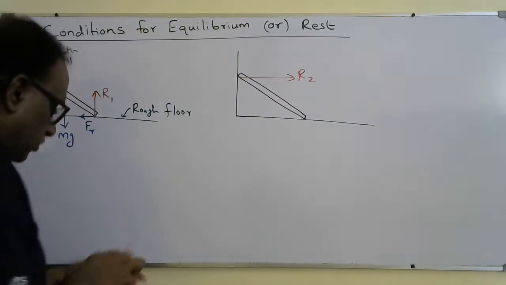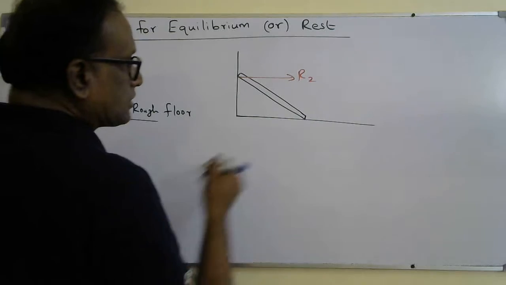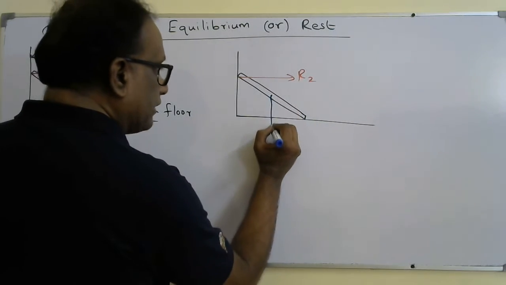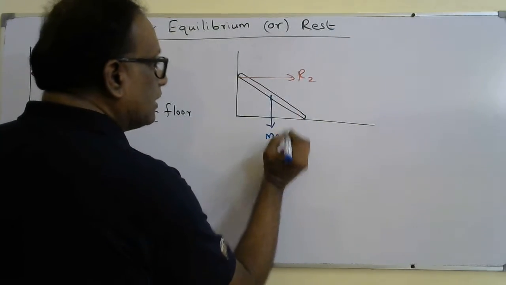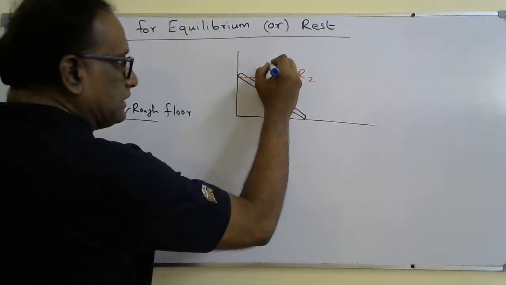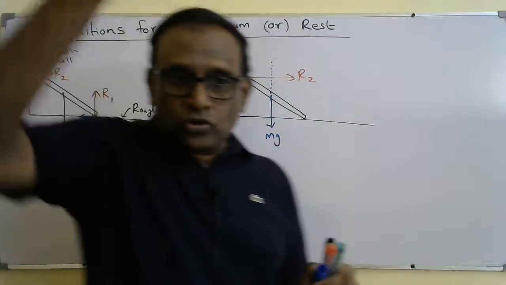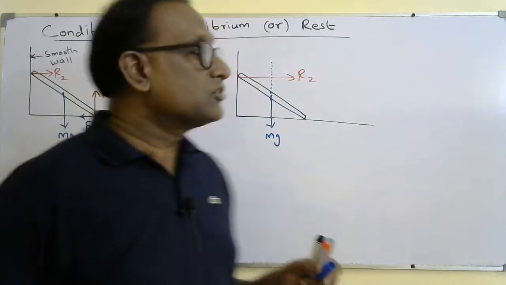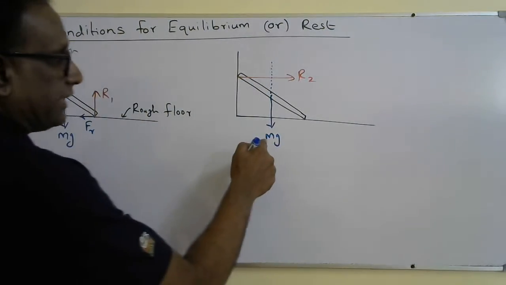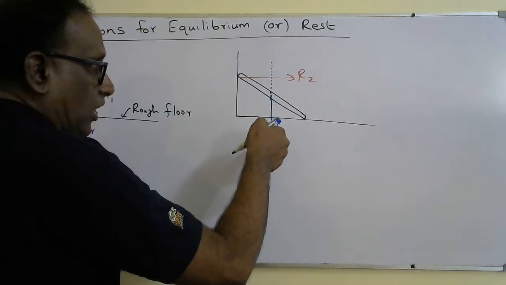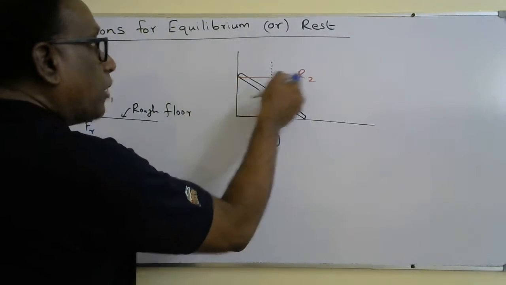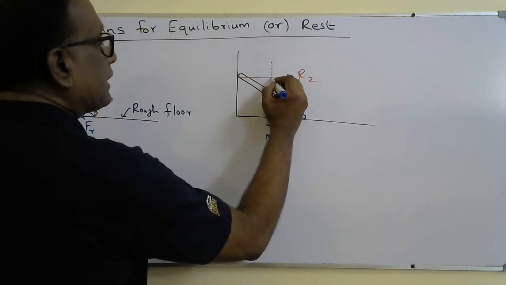The weight of the rod will act from the center because it's a uniform rod, I told. So weight will act this way, mg. Line of action means you extend the line of force by any amount you can. So that's called line of action. So the weight will act vertically down along its line of action, and the normal reaction from the wall meets it here.